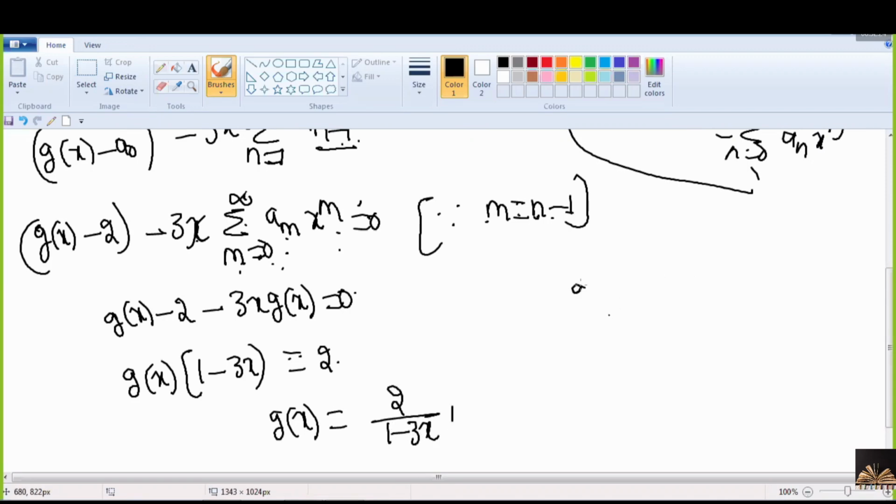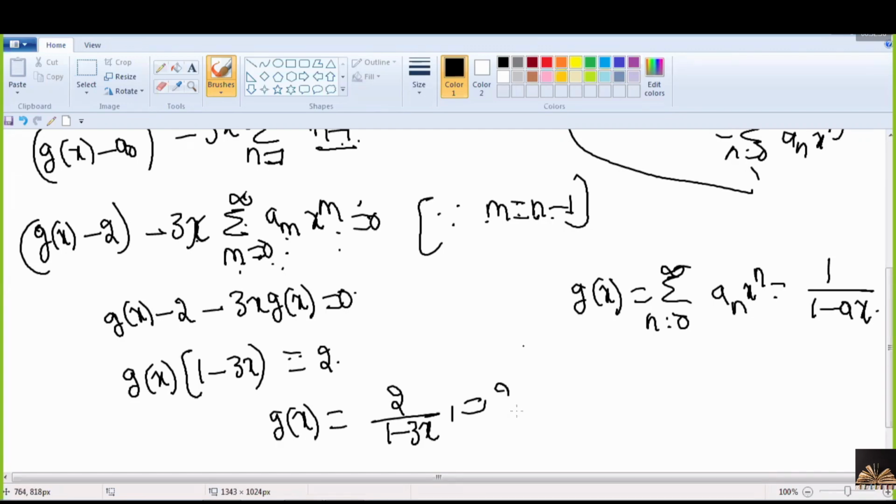What is the formula for g of x? If it is in the form of summation n equal to 0 to infinity an into x power n, you can write the closed form as 1 by 1 minus ax, right? So I can rewrite this as 2 into 1 by 1 minus 3x. Now it is in the form of 1 by 1 minus ax, where a equal to 3.